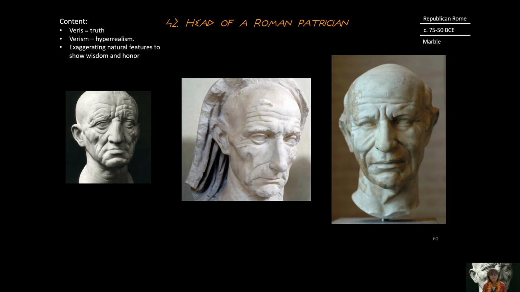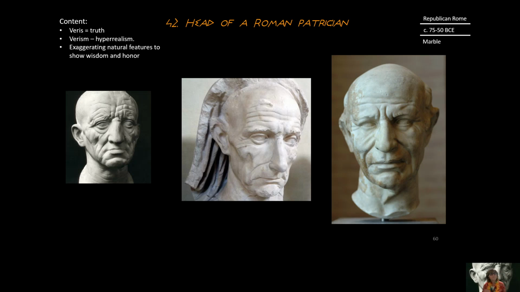And these portraits of these men were filled with verism, and that means a hyper-realistic portrayal. So they're exaggerating little lines. I mean, I've got lines on my face, but if you made a carving of me and you put the lines super deep, well, that's really exaggerating the truth.